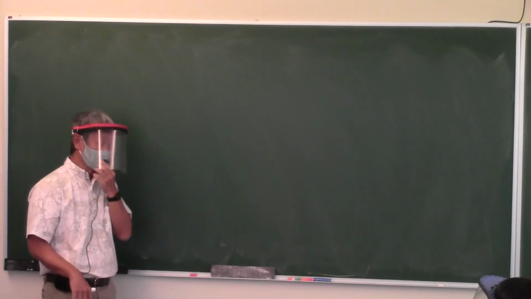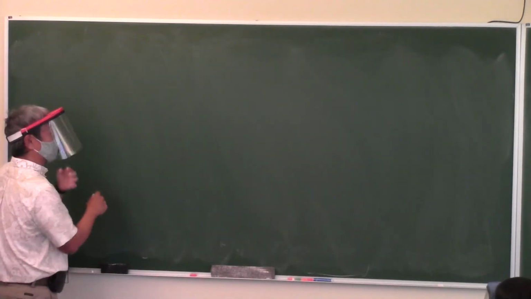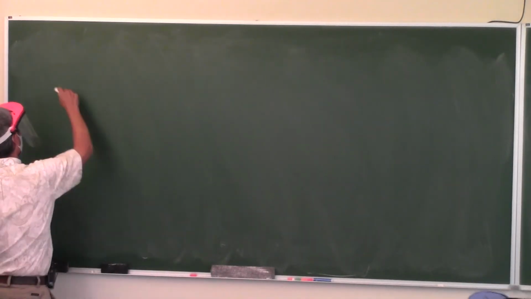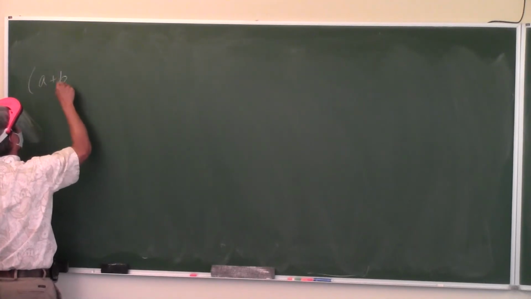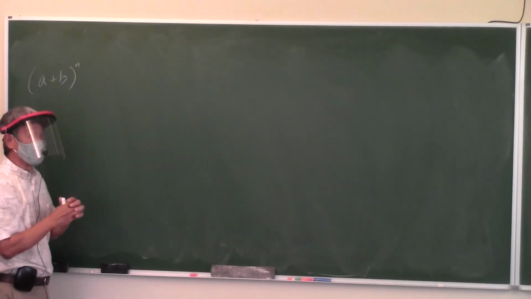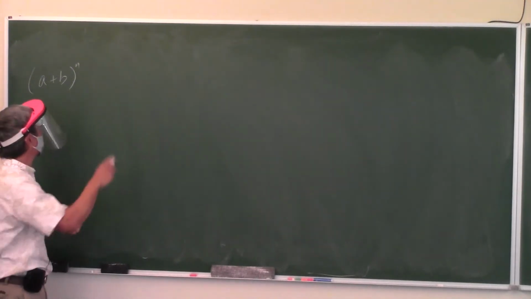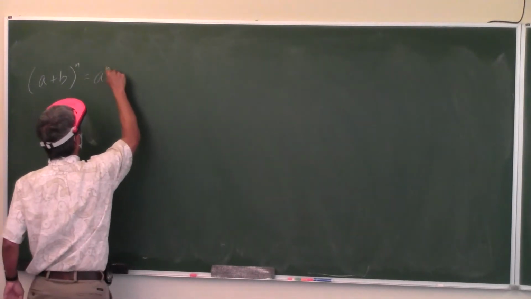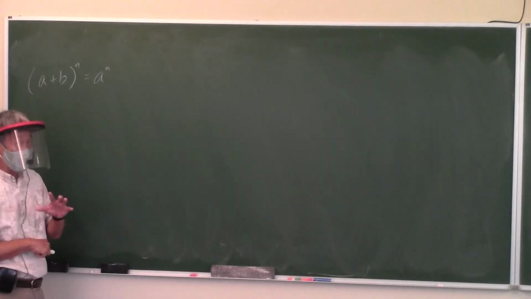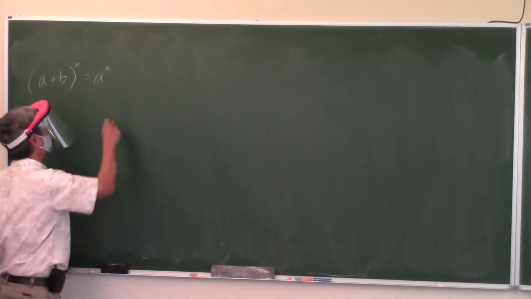This is called the general binomial theorem. (a + b) to the n, where n can be a fraction or a negative number, but it could be a whole number too, is equal to a to the n. It's pretty much the same pattern. It just looks a little different.